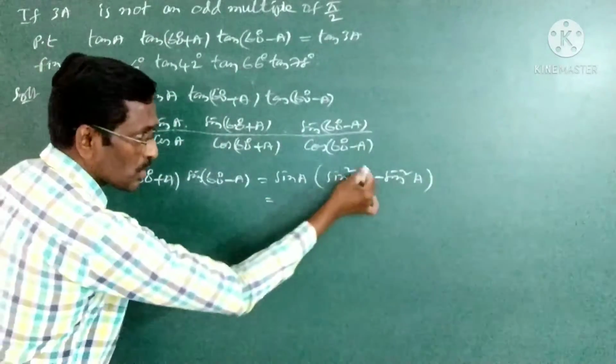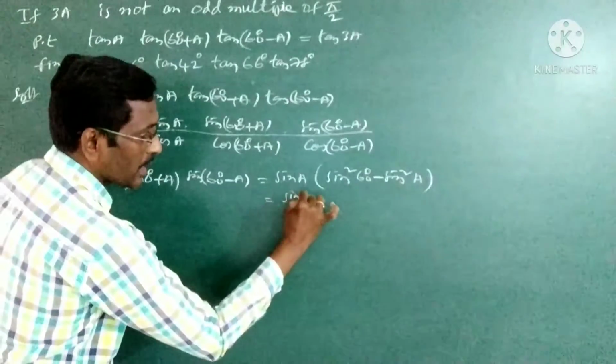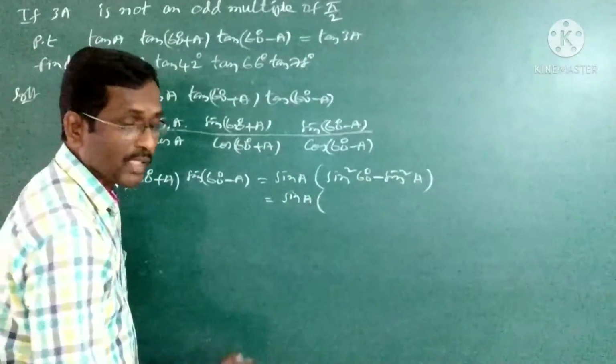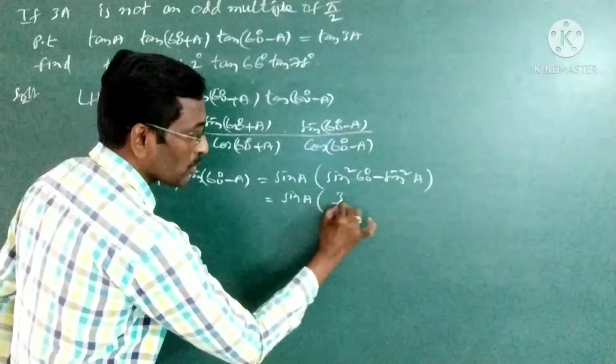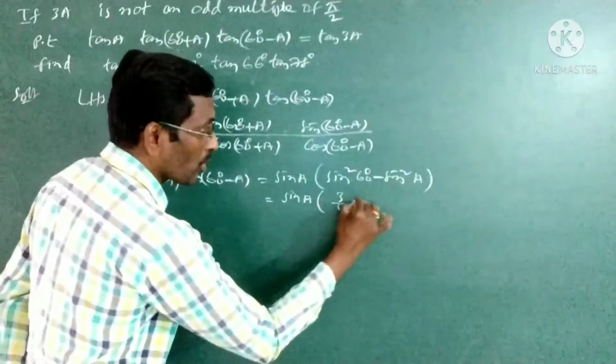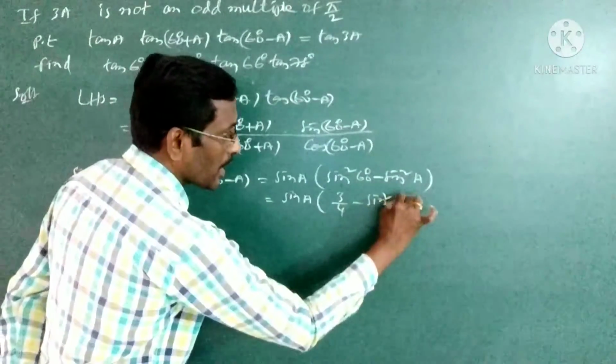Now this equals sin a into sin 60, with the value root 3 by 2, squared, which is 3 by 4, minus sin square a.